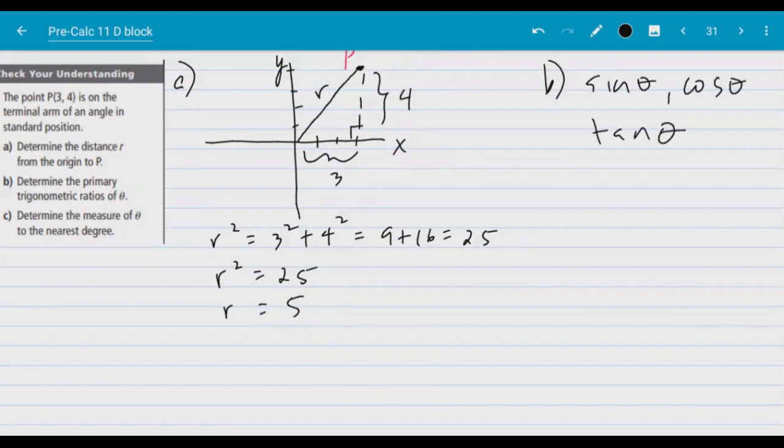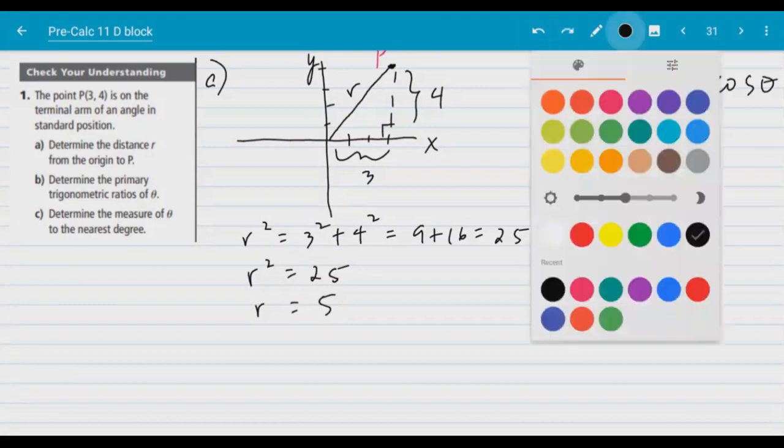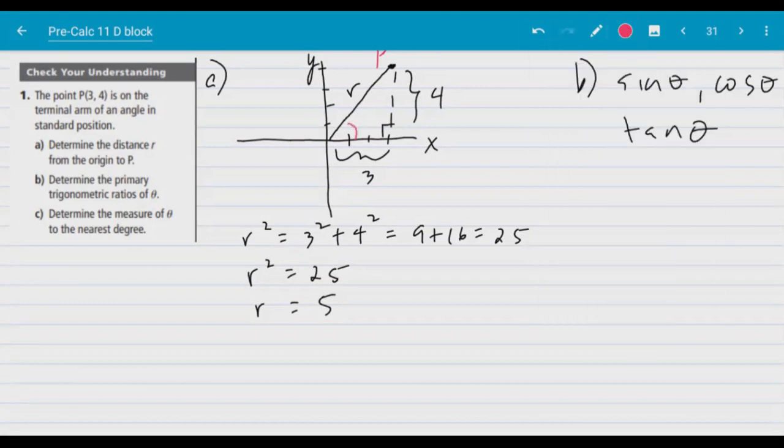The theta here is this one. I'll use a different color too. There is your theta, the angle that the terminal arm r makes with the x-axis.